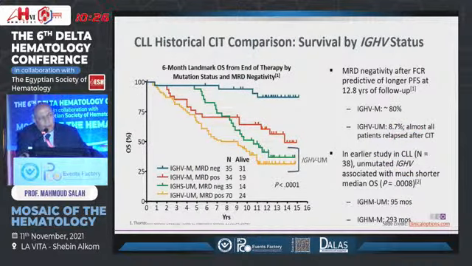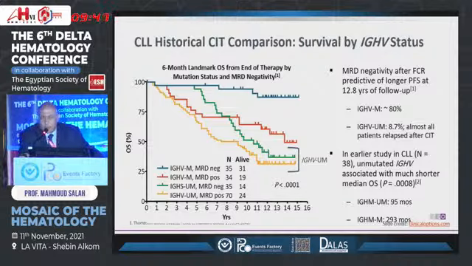This is the historical data regarding chemoimmunotherapy and survival by IGHV status. The patients with IGHV mutations and young fit patients will get benefit from FCR, and the data from MD Anderson have a follow-up of more than 12 years, and more than 90% of patients receiving FCR in this cohort have overall survival.